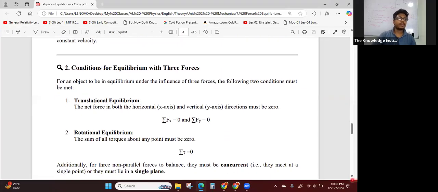Again, it's the same. In order to achieve translational equilibrium, the resultant must be zero. And to achieve rotational equilibrium, the torque must be zero. And additionally, for three non-parallel forces to balance.